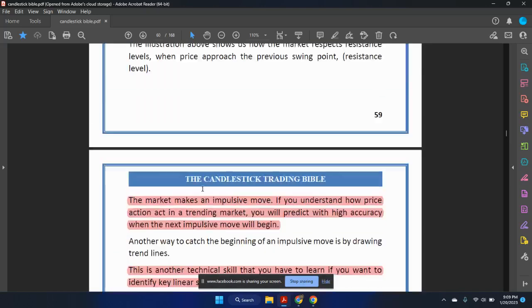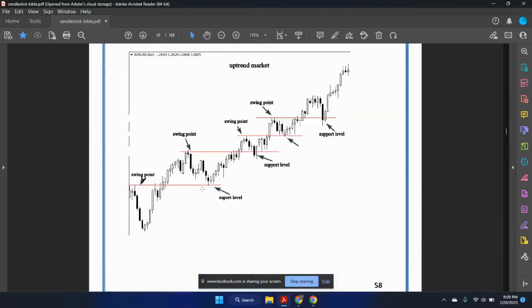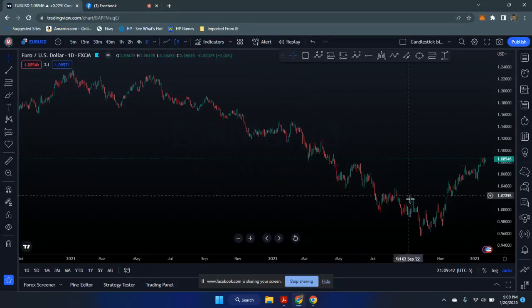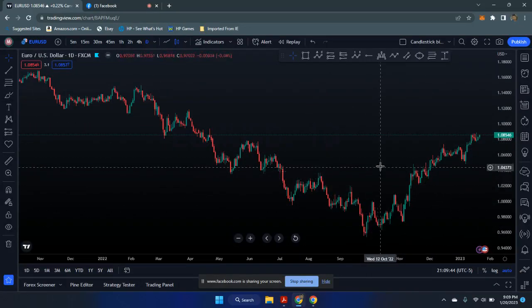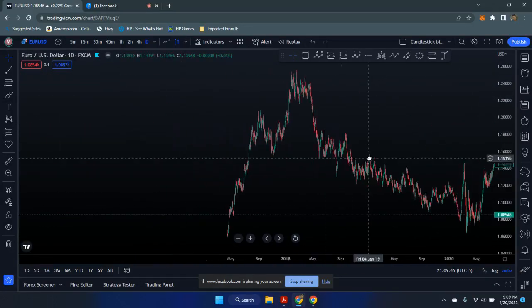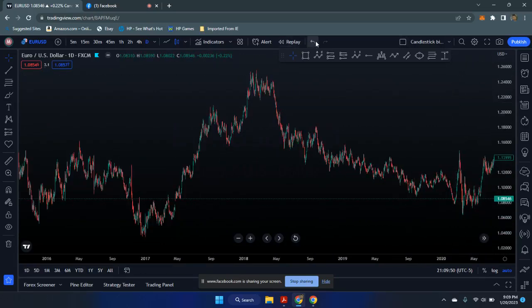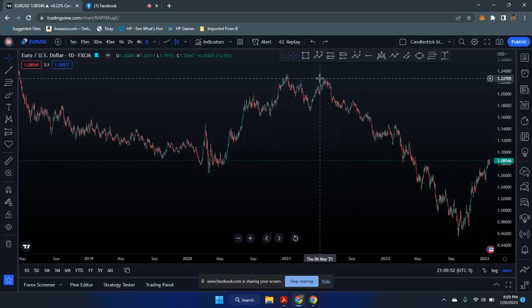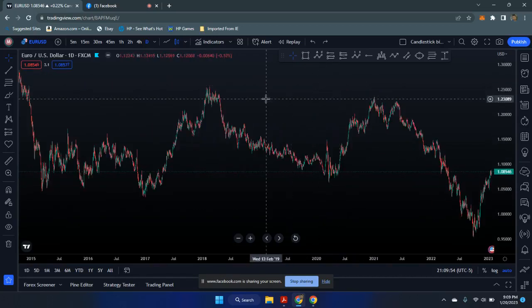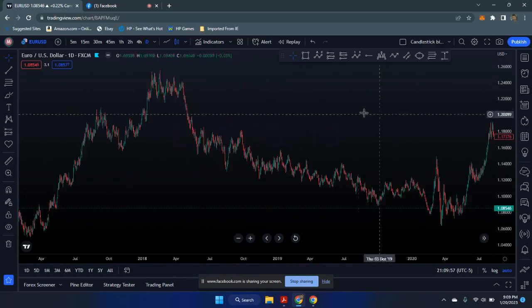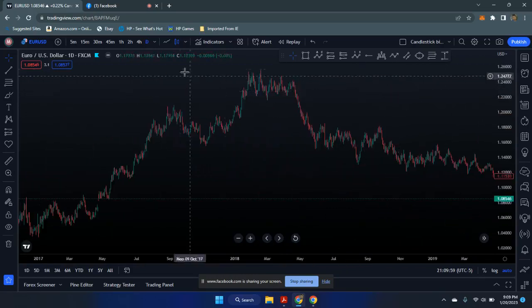So let's first see if we can identify the uptrend swing points and now the support levels, and let's take it from there. So this is the start of a new trend, but I want to find something where it has already been uptrending. Let me just put the replay. And this is on a daily.